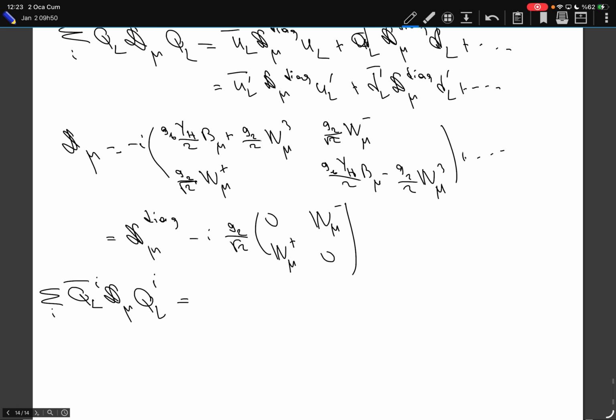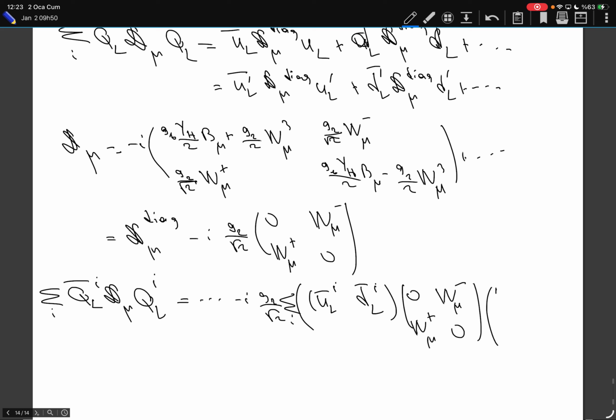This will contain some terms, minus i g2 over square root of 2, sum over i, UL bar i, DL bar i, times the matrix 0, omega mu minus, omega mu plus, 0, acting on ULi, DLi.